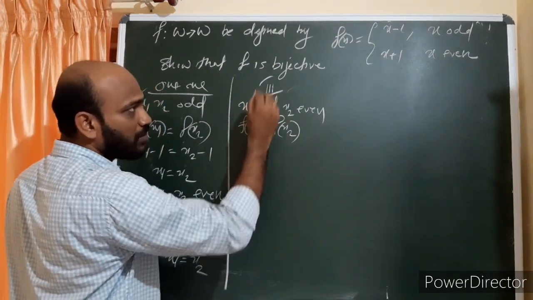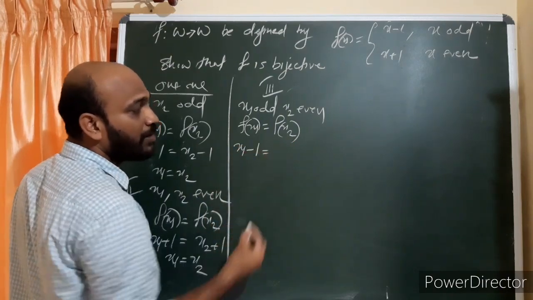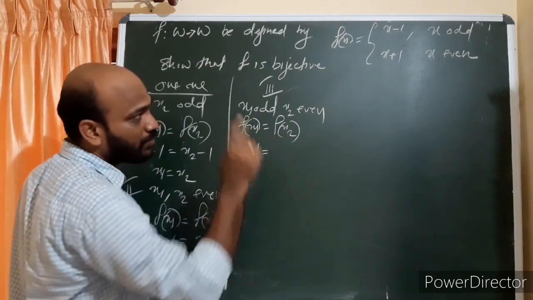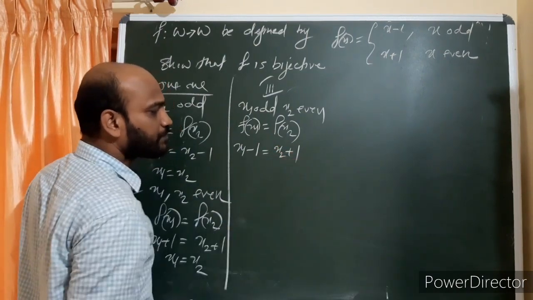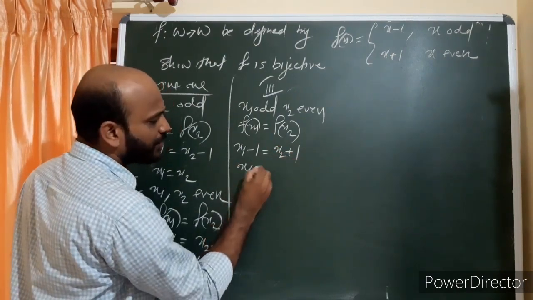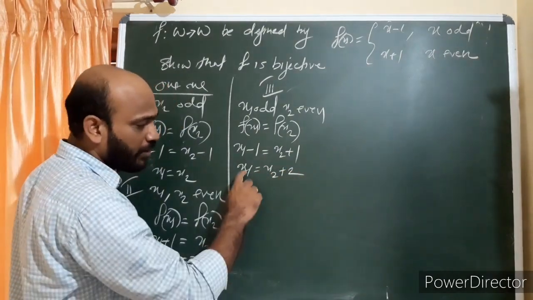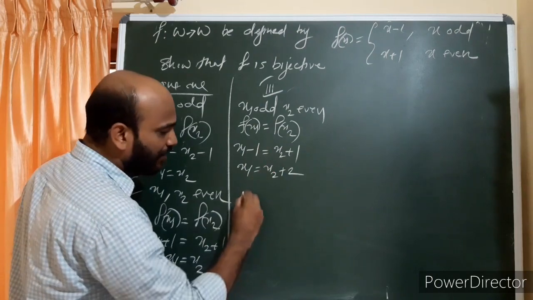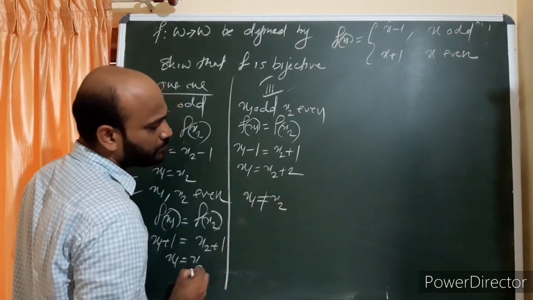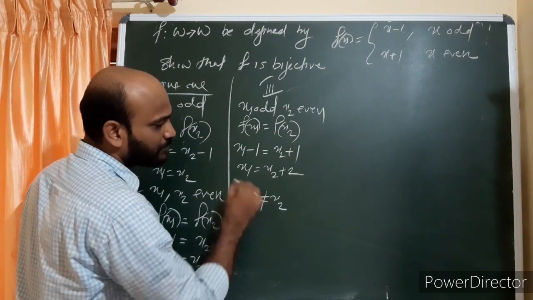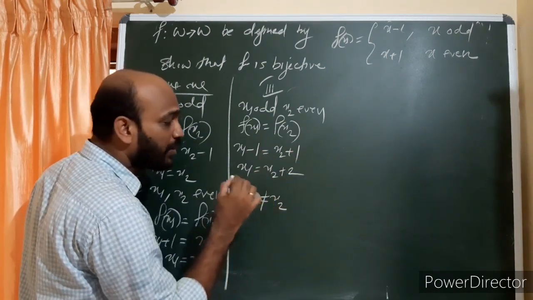Since x1 is odd, first definition, that means x1 minus 1. x2 even, you have to take the second definition, that is x2 plus 1, which means x1 equal to x2 plus 2. Clearly, x1 is not equal to x2. But what about this equation? Is it true or is it possible?